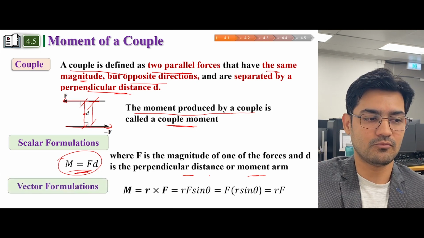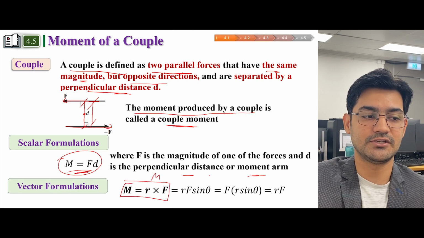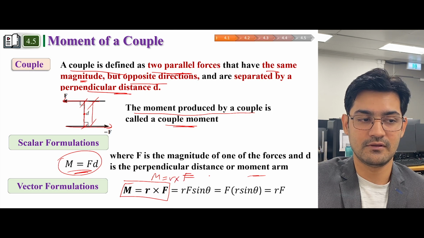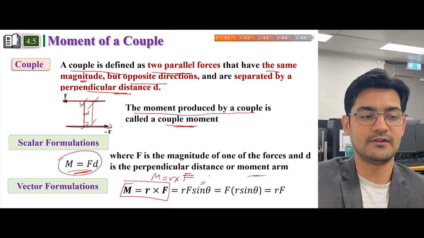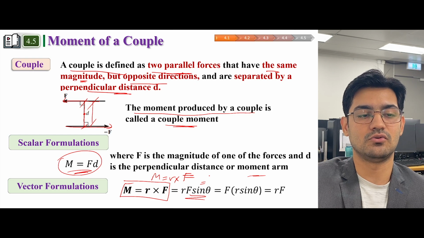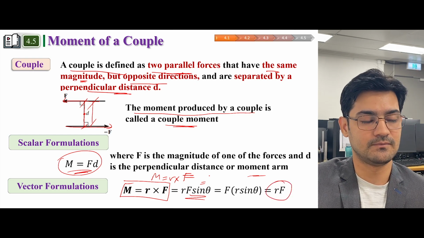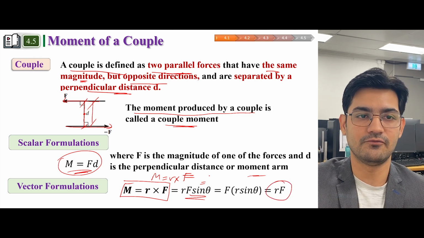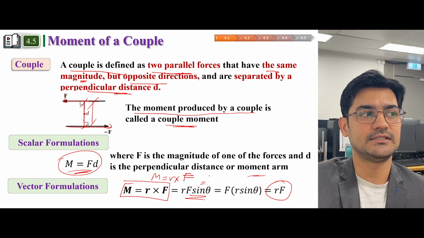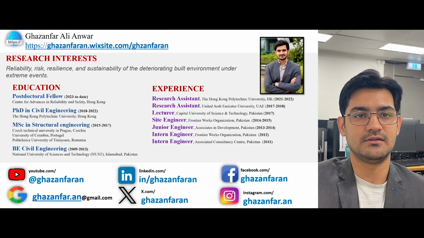Vector formulation would also be somewhat similar. The formula for vector formulation is R cross F, which equals RF sine theta, and can also be converted into scalar formulation like we have seen before. So this is chapter 4, and see you in the next chapter.